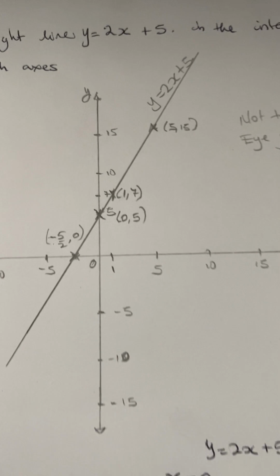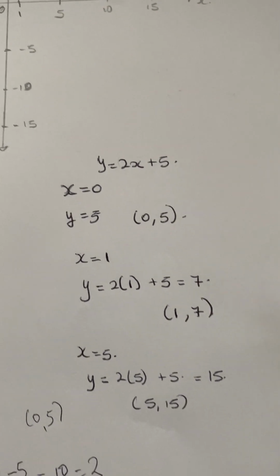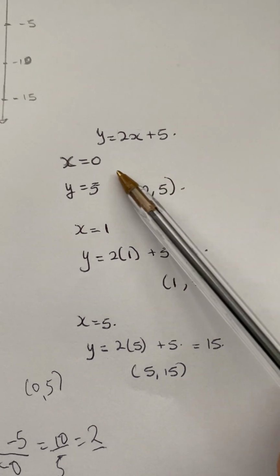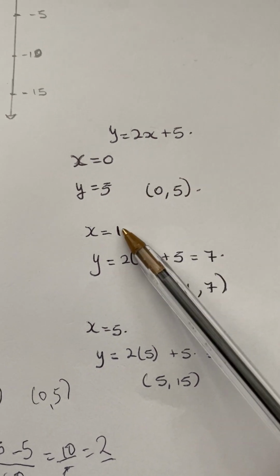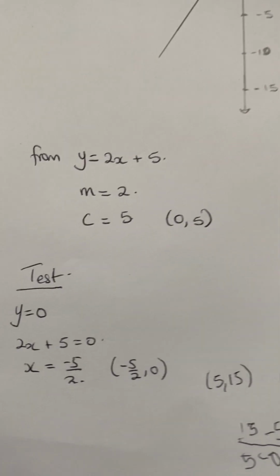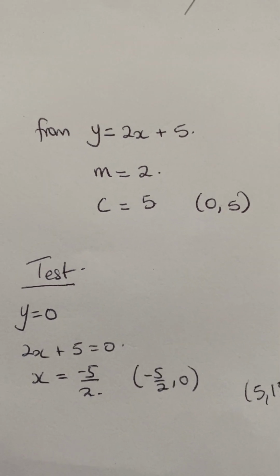As you can see, we've done the line graph here, and then we've used the points x is 0, x equals 1, x equals 5, y is 0. So we had 4 points.